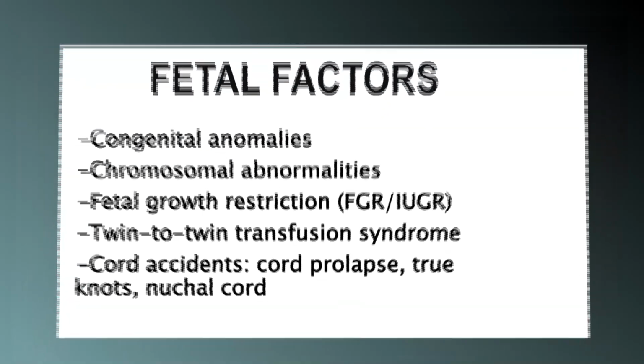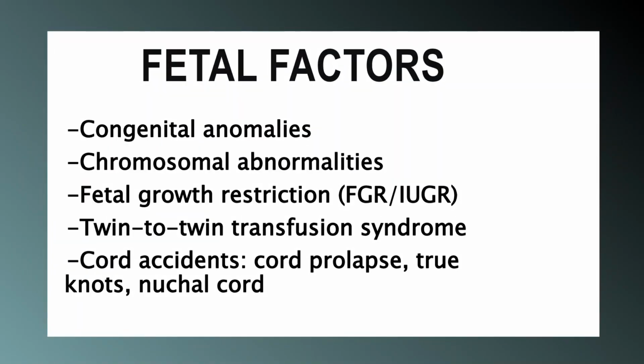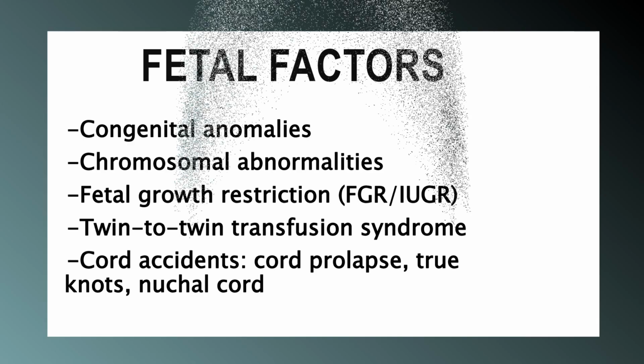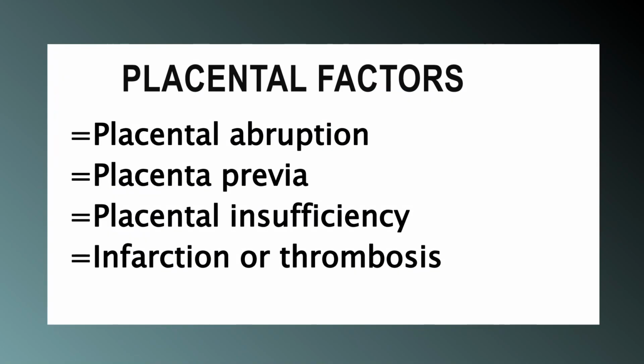These all come under the maternal factors. Next, we will see the fetal factors. The fetal factors include congenital anomalies, chromosomal abnormalities, fetal growth restriction, twin-to-twin transfusion syndrome, and cord accidents such as cord prolapse, true knot, knuckle cord, etc. Next we will see the placental factors.